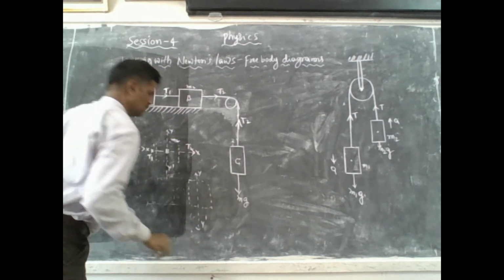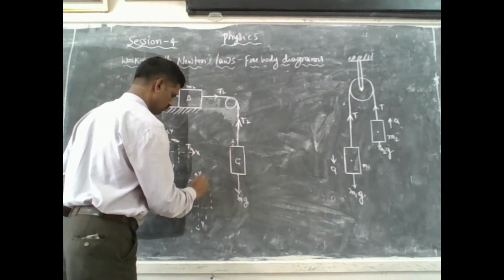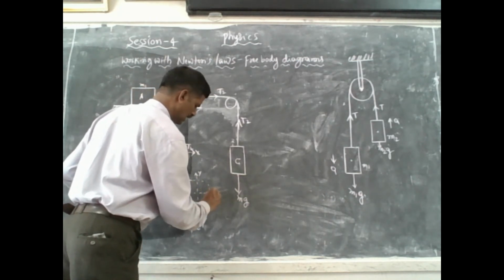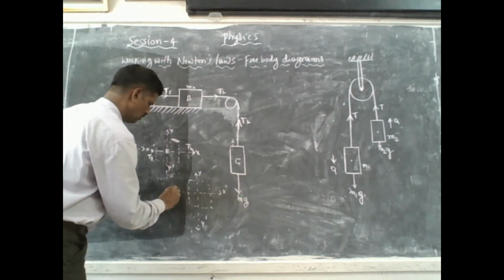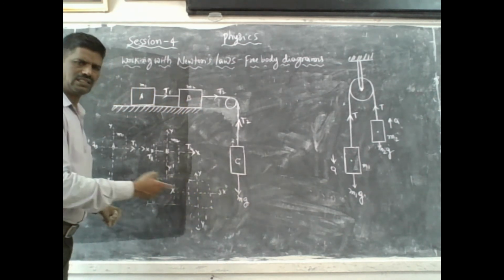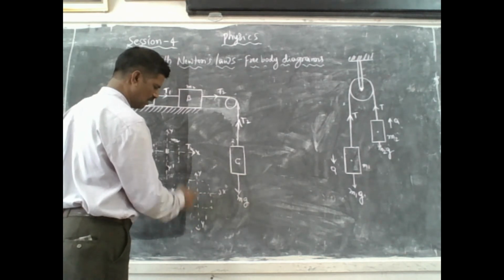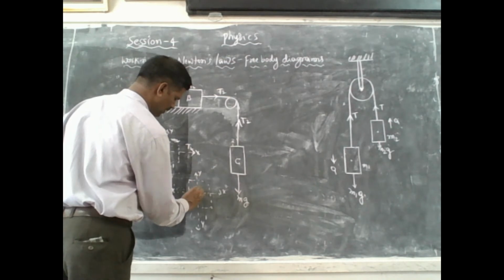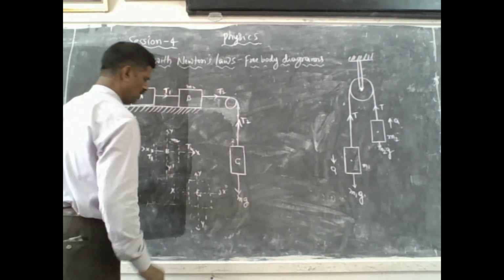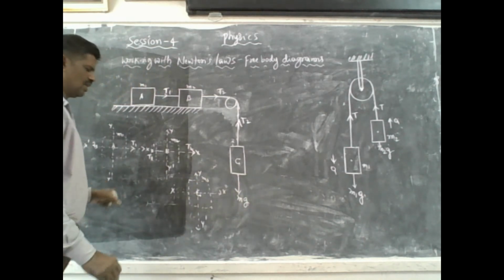Y dash, y dash, x dash is 0 because there is no force acting along the x-axis, therefore only the force is acting along only y-axis here. So therefore this is the common point C. It is having a mass M3 also.